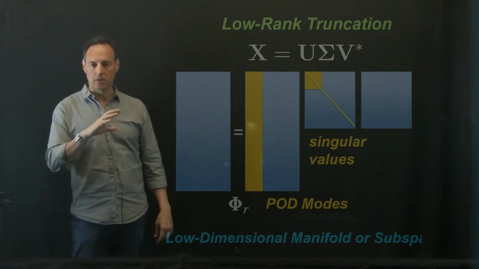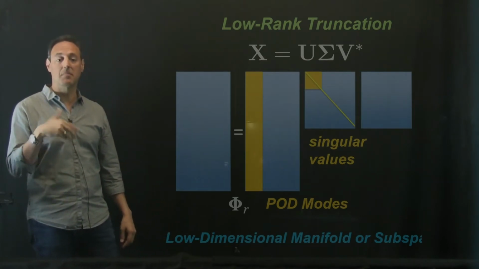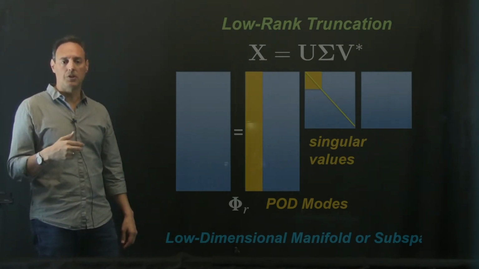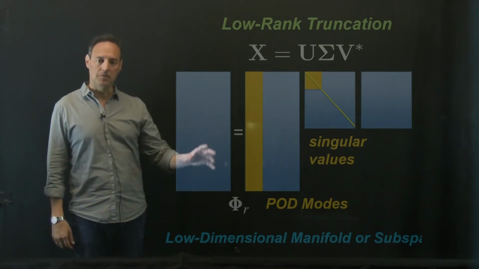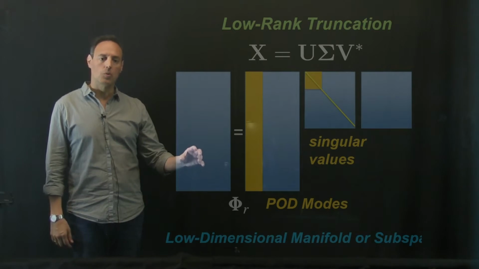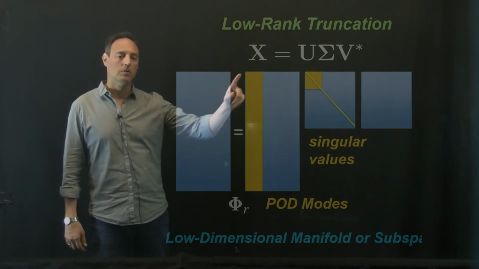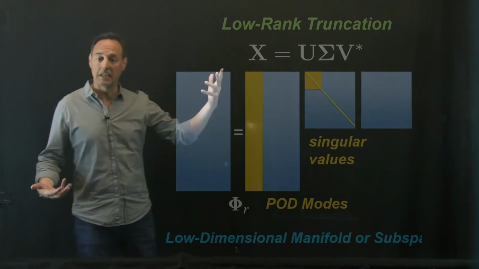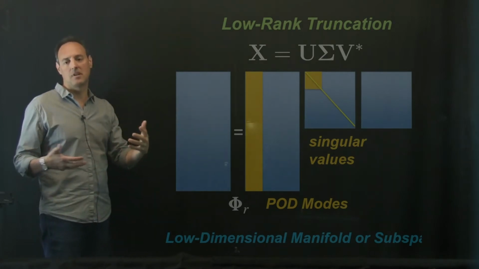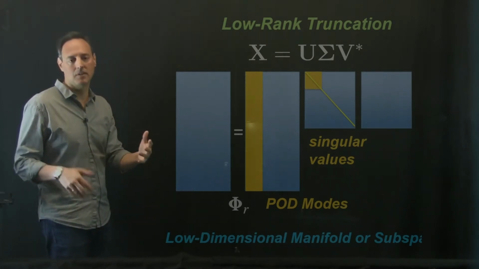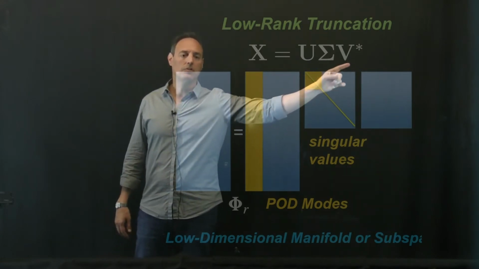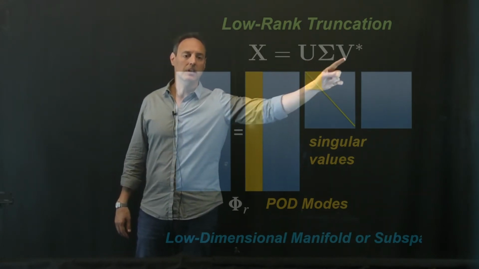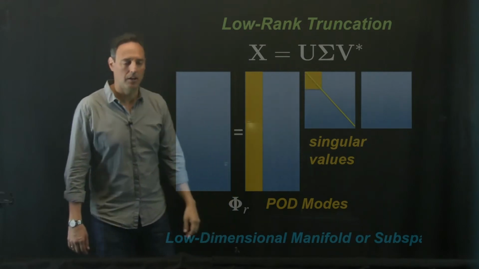So let's go to the workhorse of this dimensionality reduction, which is the singular value decomposition. So the idea is you take a data matrix, and what you want to do is a singular value decomposition, which is guaranteed to exist for any matrix, and it breaks it up into 3 matrices. 2 unitary matrices, U and V, as well as the diagonal matrix sigma.